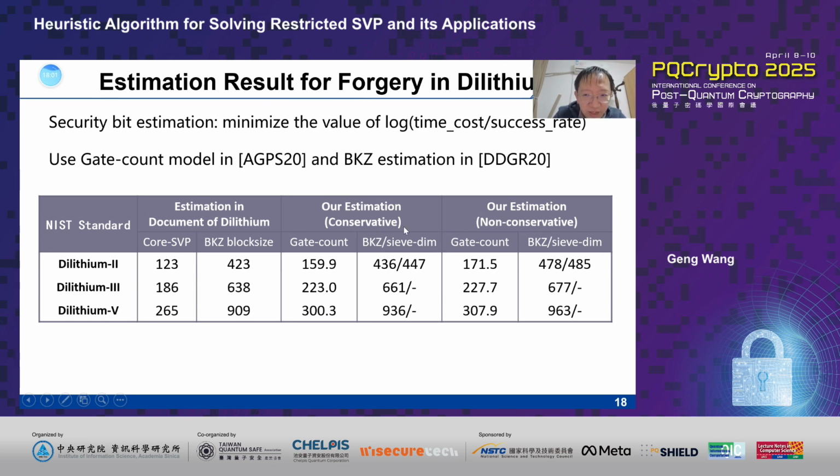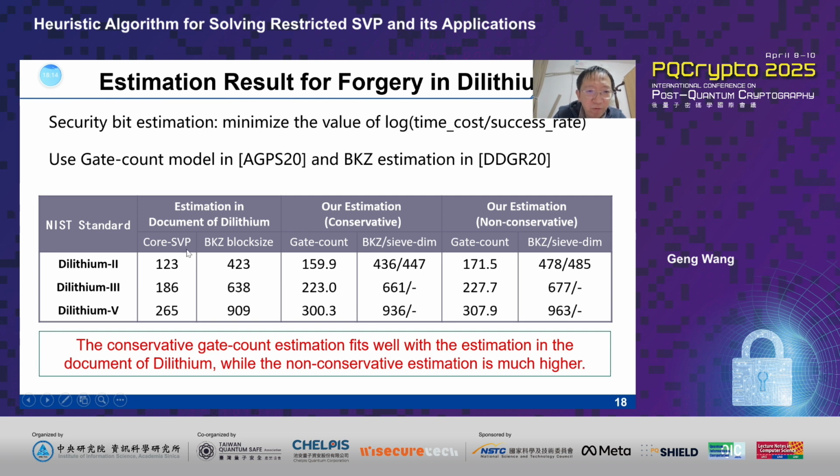First is the conservative estimation, and second is the non-conservative estimation. For the conservative estimation, we give the gate count estimation. We can see that the gate count estimation fits well with the core SVP estimation, considering the differences between core SVP and gate count. But for the non-conservative estimation, we can get a higher and more accurate estimation for the DSM forgery.